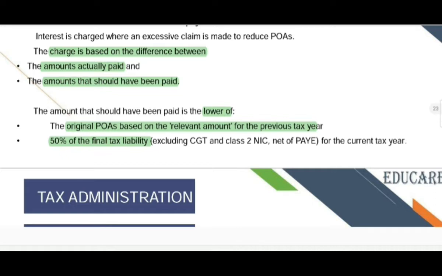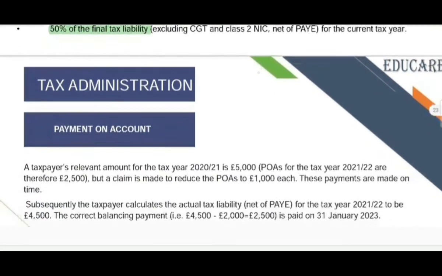The lower of these two figures would be considered as amount that should have been paid. And this amount that should have been paid, then compare with the amount actually paid, and the difference of these two amounts would be the amount on which interest would be charged.